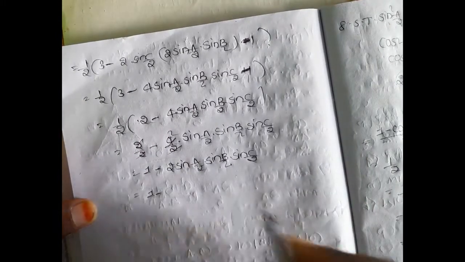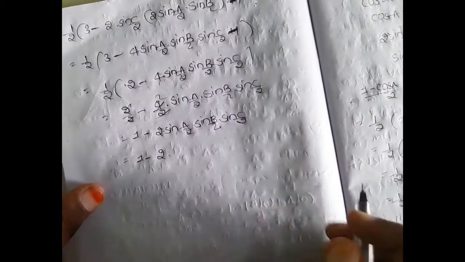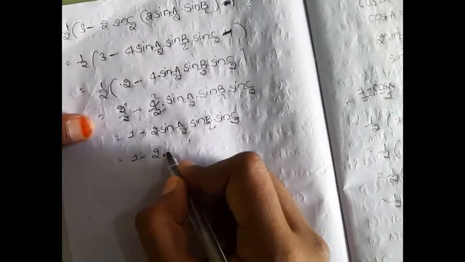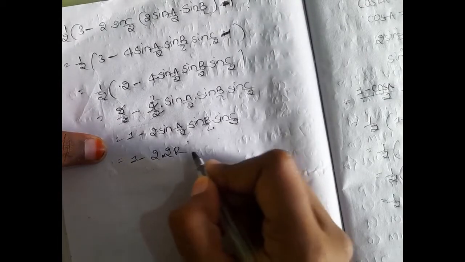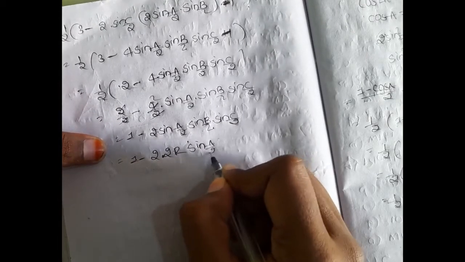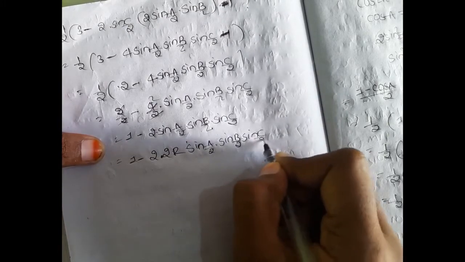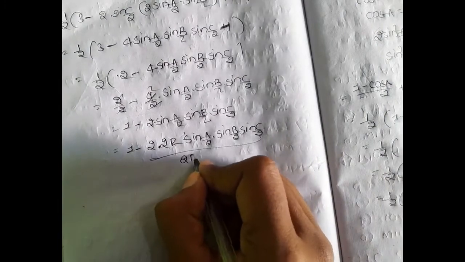After this, we are asked to prove that it equals 1 minus 2r by 2R, right? So what we should do is convert this numerator to get it into small r. How can we get it? Dividing and multiplying by 2R, capital R. So here we'll multiply the numerator with 2R, so we have to divide it again.